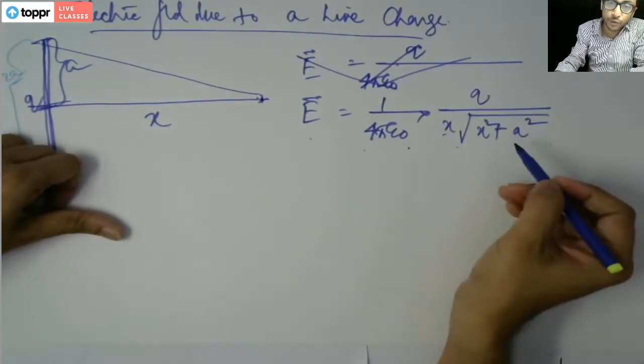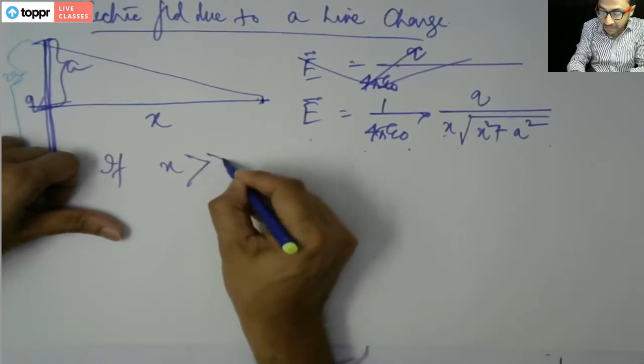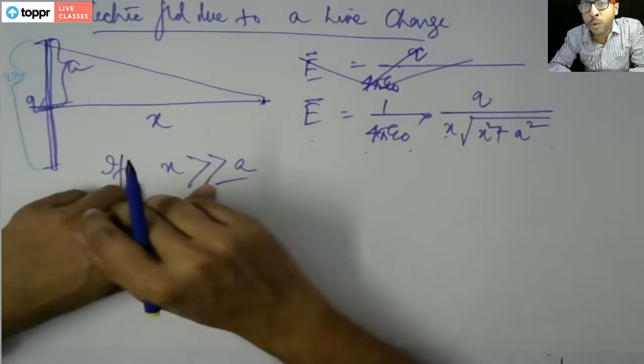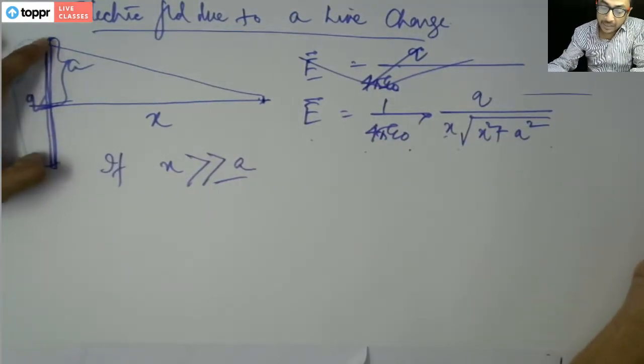Here also we can have two conditions. If x is much greater than a, what you can predict is that this line also will behave as a point charge.